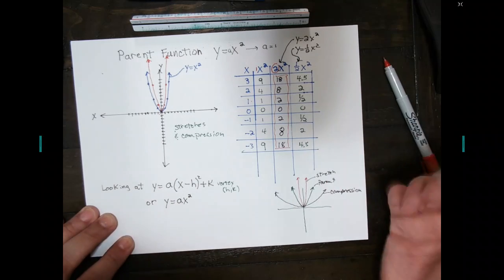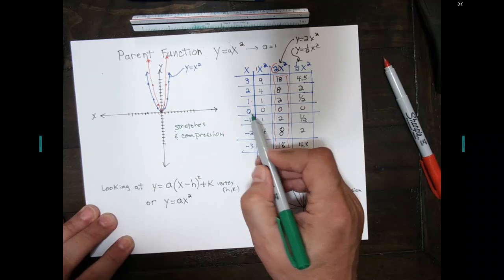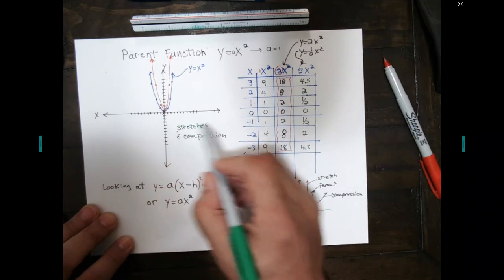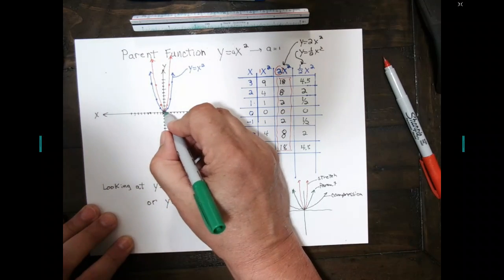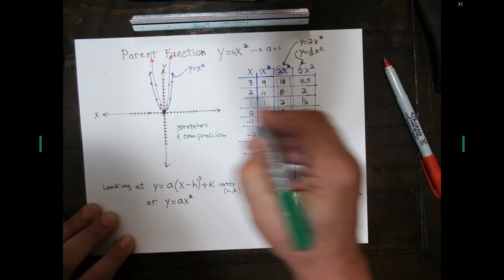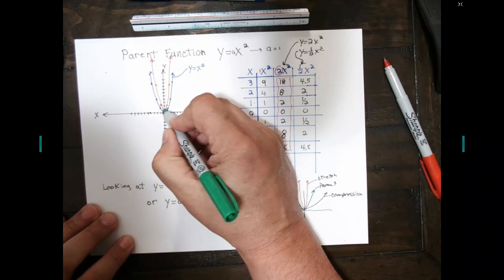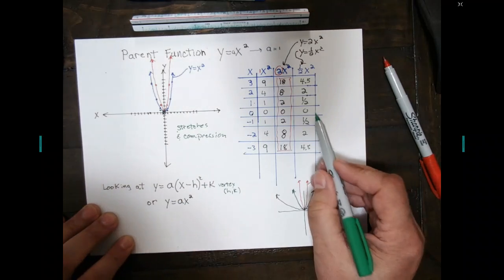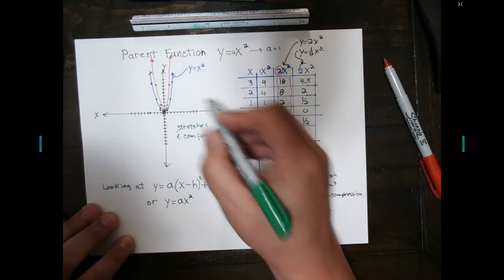Now let's plot it. At x equals 0, I have 0, so the vertex is still at the origin. At x equals 1, I get a half. At x equals 2, I get 2.